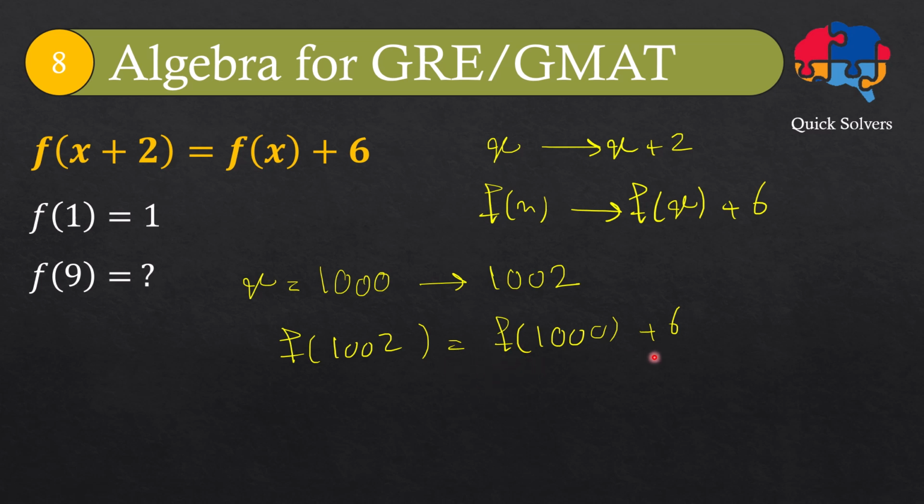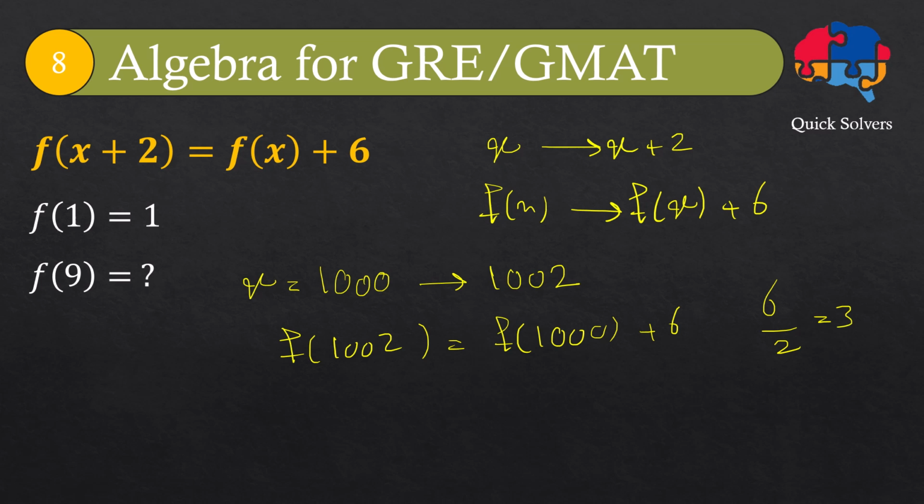Then my question is: what happens if I increase x by only 1? Instead of increasing x by 2, if I increase x by 1, how much will the output of the function increase? The answer is 6 divided by 2, which is 3.